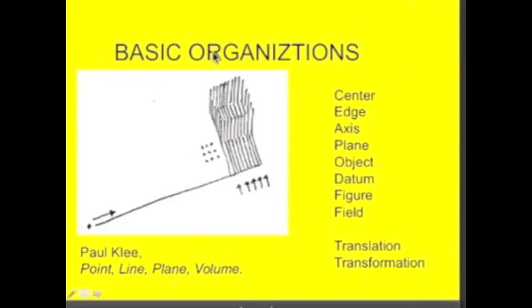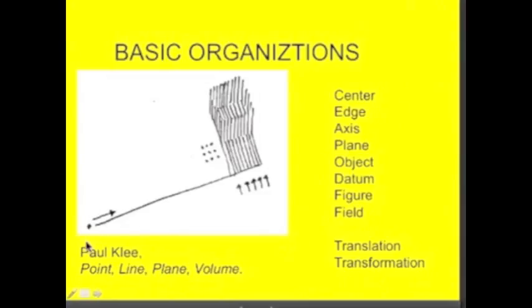So in this little drawing, Paul Klee is more or less identifying everything you need to know about architecture and form. Of course, how you use these terms is up to you. But point gives you the idea of center, which is kind of nice. It's a little thing. The world can be organized around it.